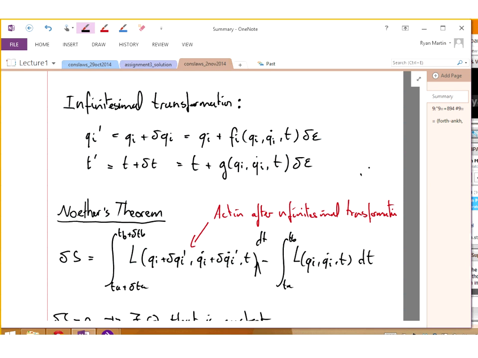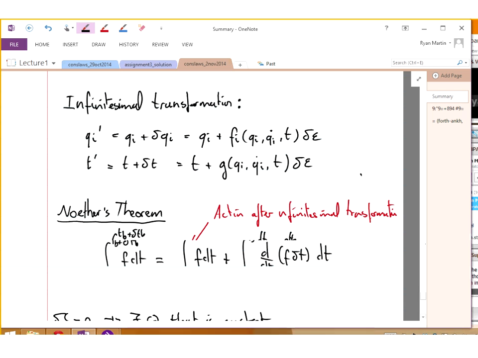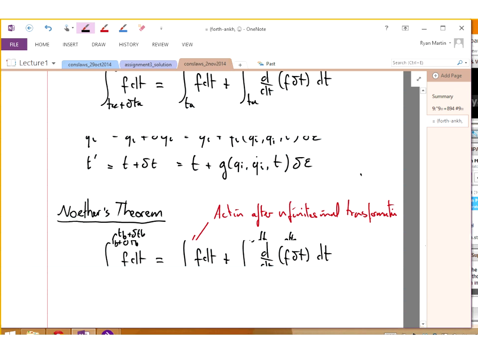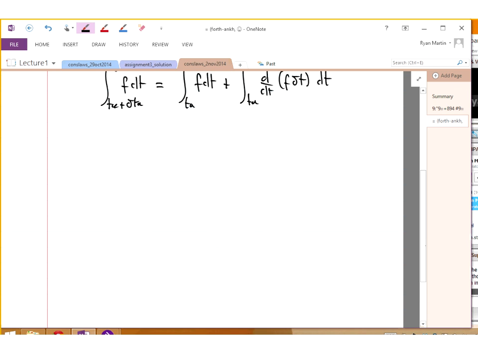Noether's theorem tells us that if the action is unchanged by this transformation of variables, then there's a conserved quantity. And so the whole point of this initial identity was so that I could rewrite this first term in delta S differently. Okay? So let's look now at that first term in delta S.